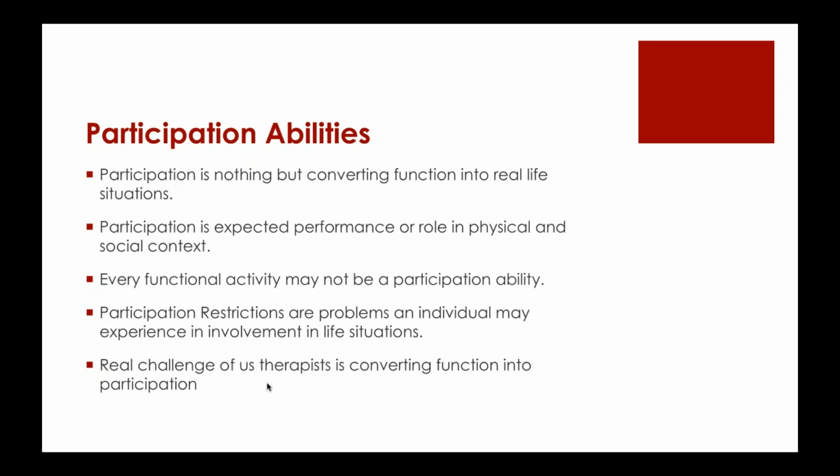It does not happen at the activity level. Every functional activity may not be a participation ability. Remember that. And participation restrictions are the things that he needs to do by his age in society and does not do. Those are our real challenges, and those are our real goals that we have to look at as we go further.